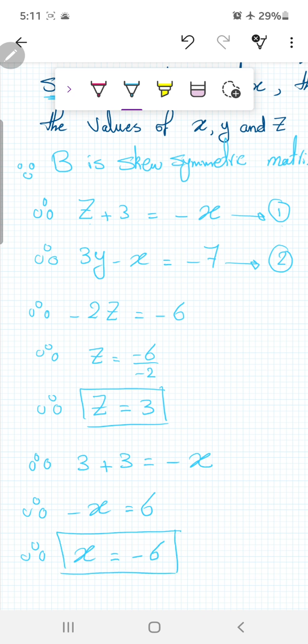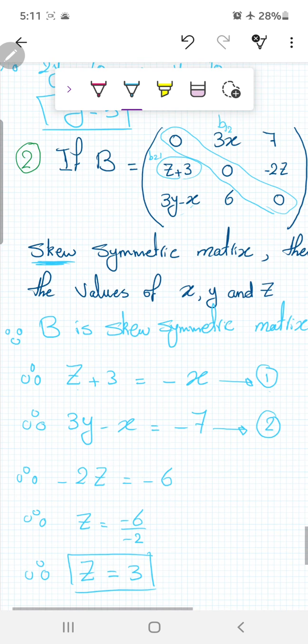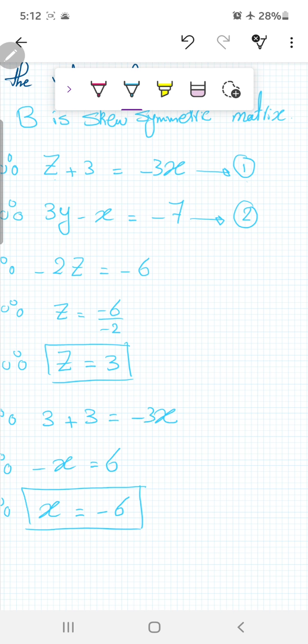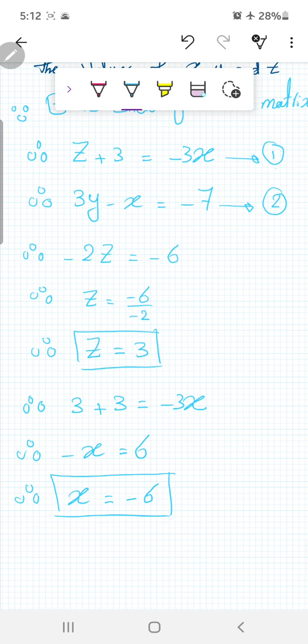Okay, sorry, let me redo it: negative 3x, negative 3x equals 6, divided by negative 3, which is negative 2.